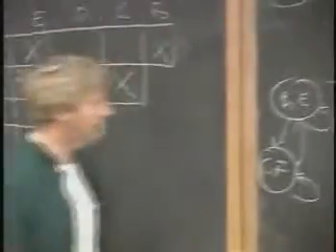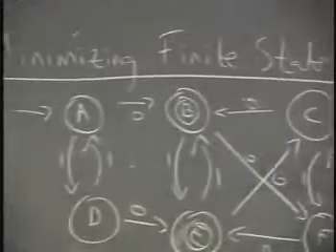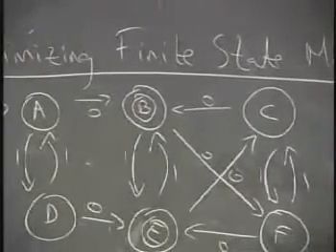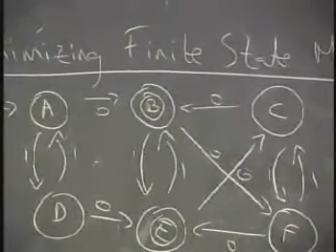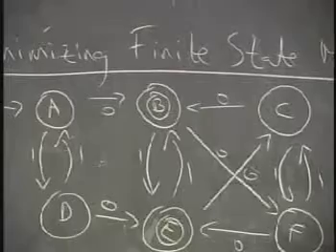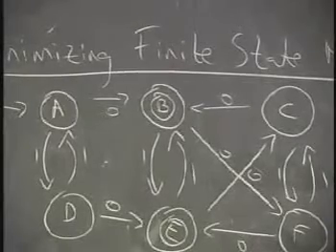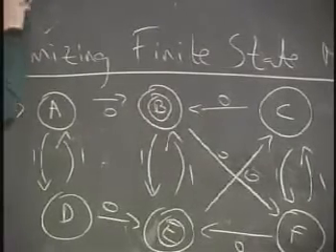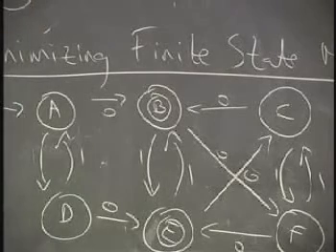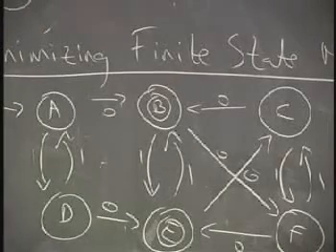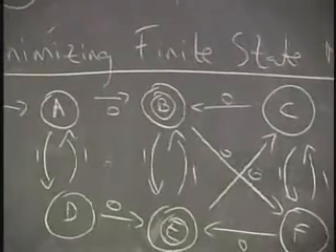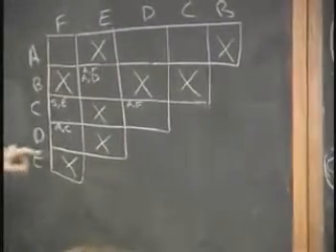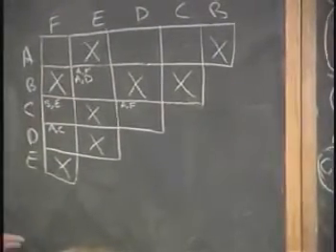What does CD depend on? BE, right? What else? Well, AF is farther up, so we're not going to put anything there. And BE is farther back, so we're not going to put anything there.